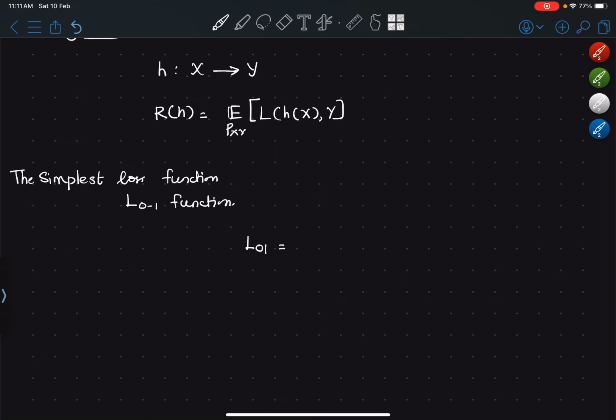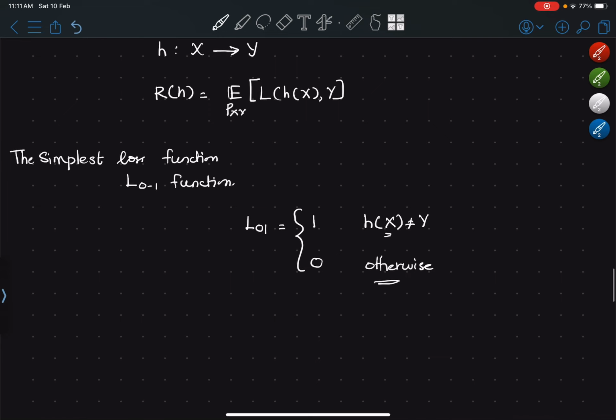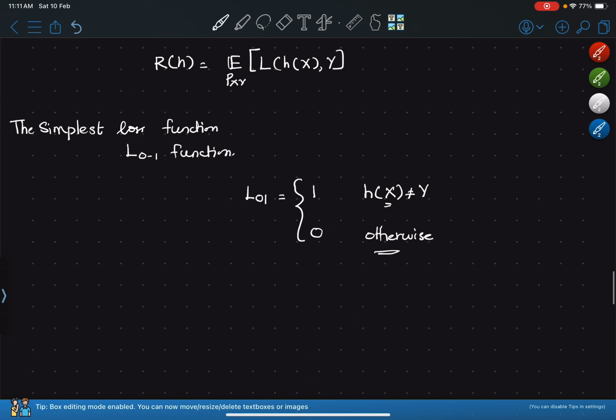So whenever h of x is not equal to y, remember this is a loss function, we have to give a cost when it is not matching, and it's 0 otherwise. So whenever the label predicted by the function for a particular data x matches with y, we don't have an issue. If it's not matching with y, then we are going to penalize it. This is the simplest possible loss function we can think of, right?